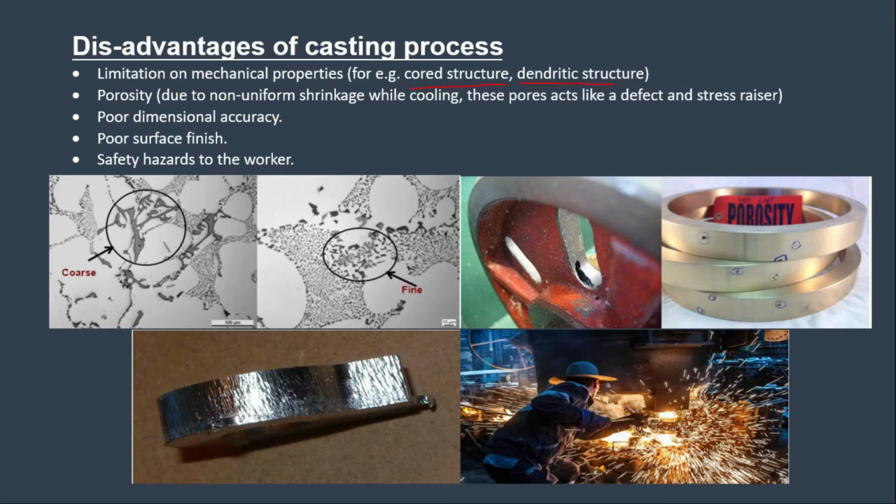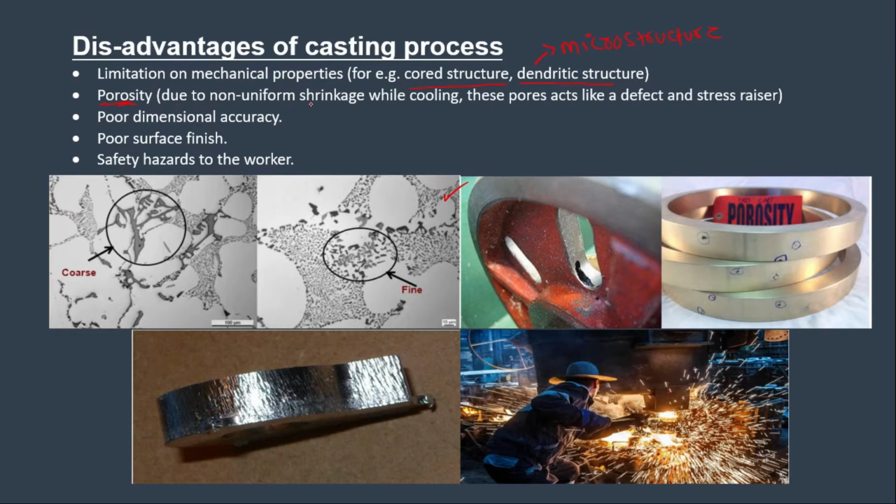It is talking about the microstructure of the material, like this. These cored or dendritic structures limit the mechanical properties of the material, and you will see in the next lecture how. This is one of the disadvantages of the casting process.